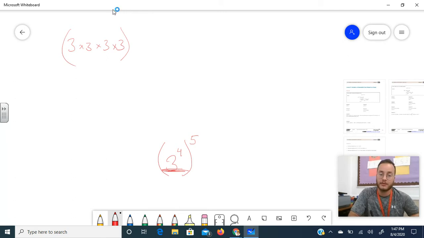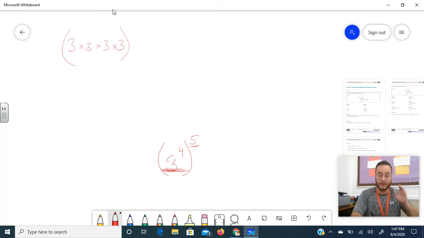Now, this notation says I have 3 to the 4th power to the 5th power. Let's say this exponent wasn't there. What does 3 to the 5th power mean? Well, that means everything I have in my parentheses, that 3, is being multiplied by itself a total of 5 times. So even if I put this parentheses back, I have 3 to the 4th power to the 5th power.